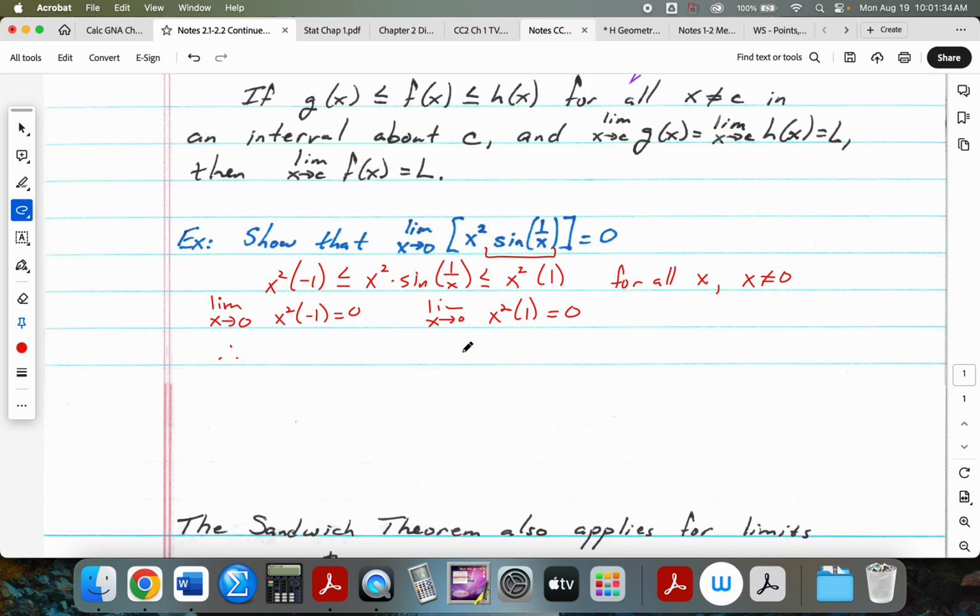Therefore, since those are below and above the function I'm interested in, at 0, and that other function is in between the two, it gets sandwiched or squeezed in between the two, that limit has to be 0 also. The limit as x approaches 0 of x squared times sine of 1 over x is also equal to 0.